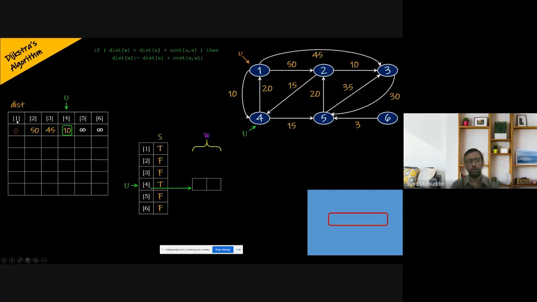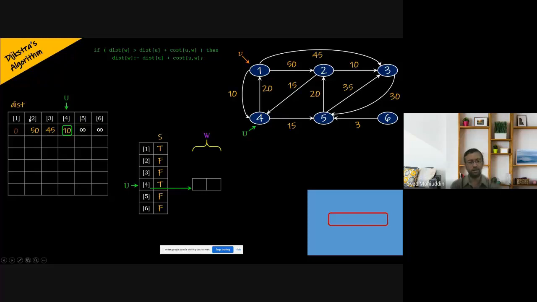Dist of 1 means distance of 1 from 1 itself, because the start vertex is 1. So distance of 1 from 1 is always going to be 0.